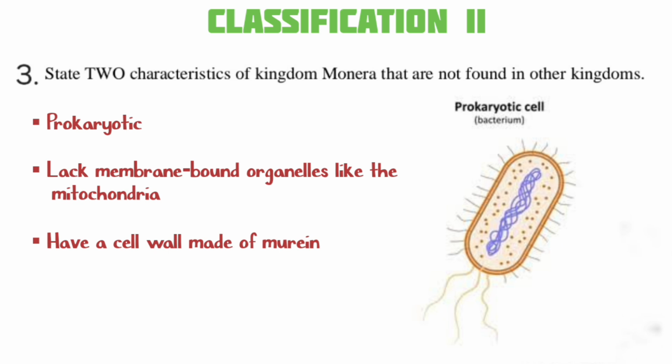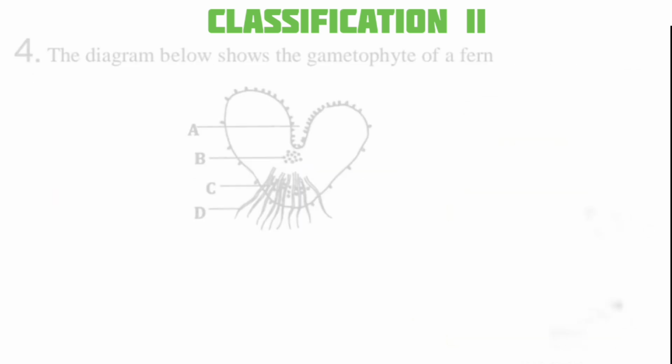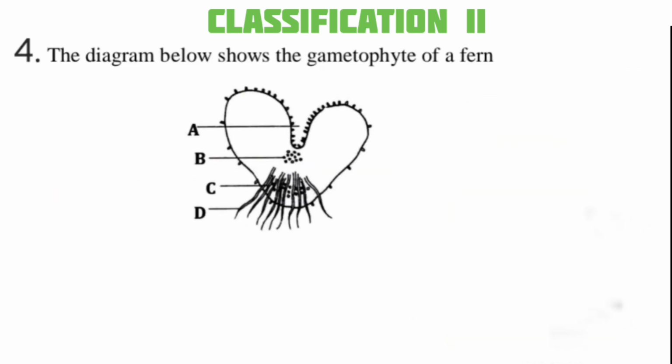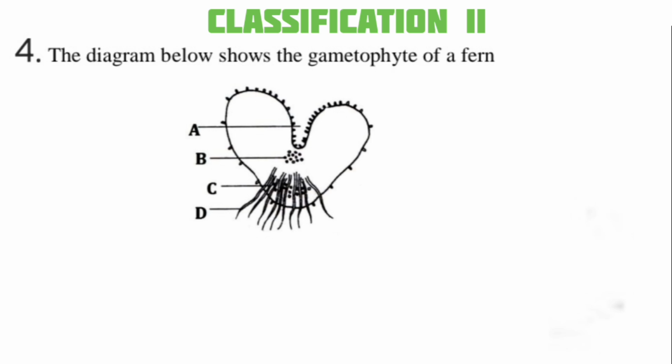Moving on to our next question. The diagram below shows the gametophyte of a fern. Now, I like this question because it's actually a continuation of the first question that we did. So it's going to put all of that, hopefully, into a better understanding for you. So we have the gametophyte of a fern, specifically a structure called a prothallus. Do you remember?